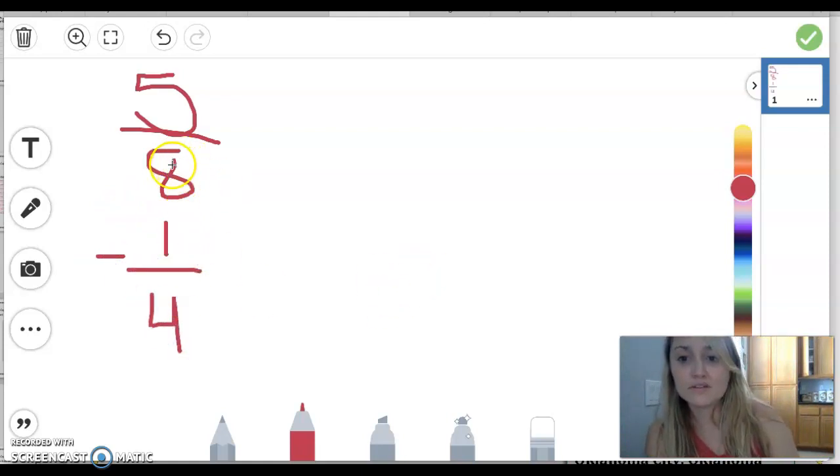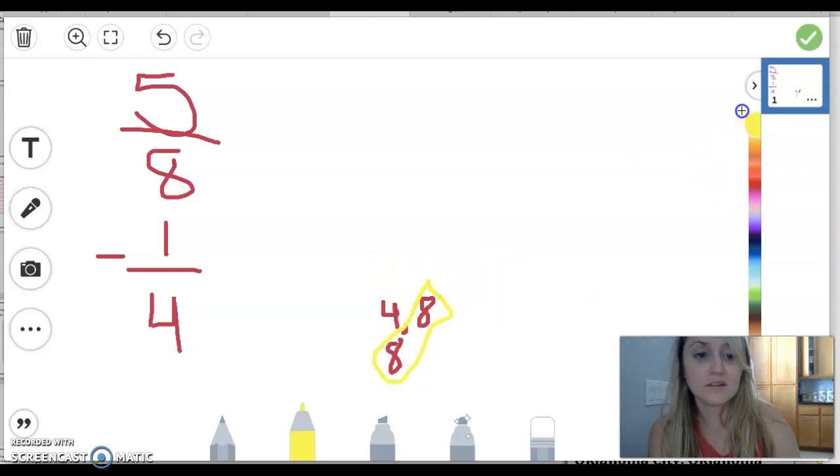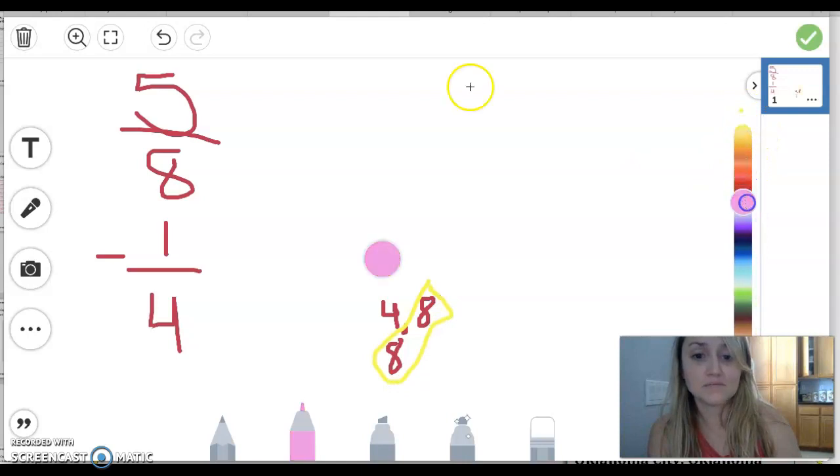Okay, so again, to find a common denominator, you can multiply the bottom, but I just find if I do the least common multiple, it makes it a little easier because you're working with smaller numbers. So we have 8 as our common denominator.